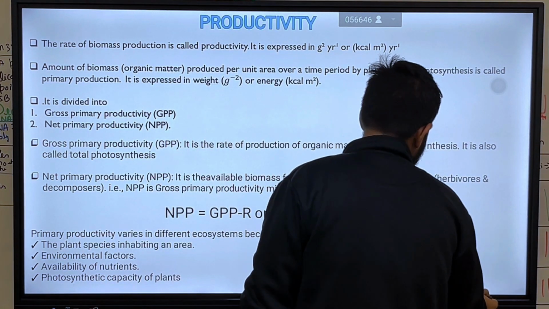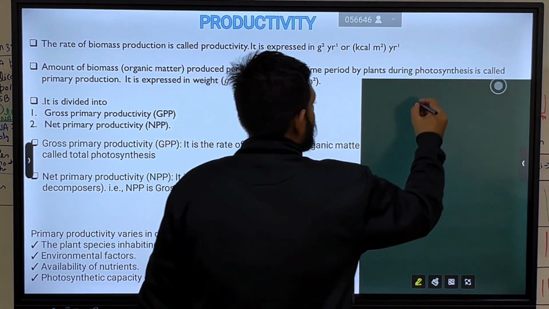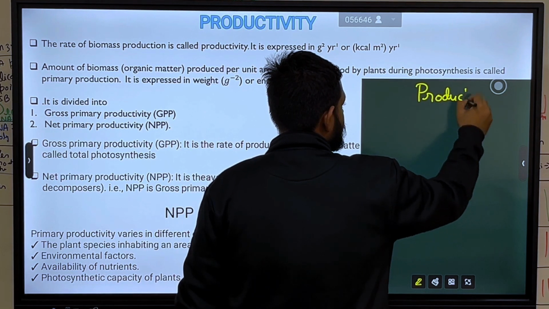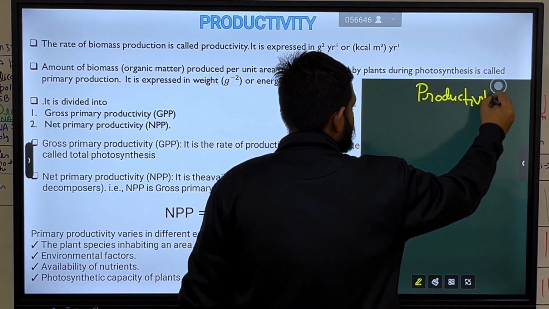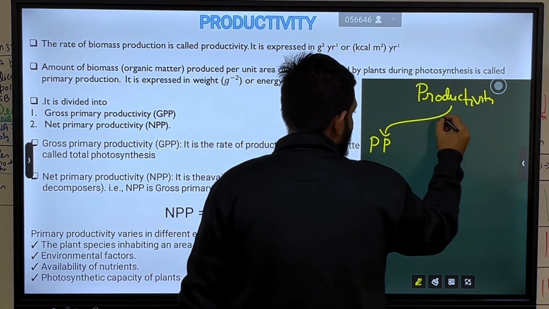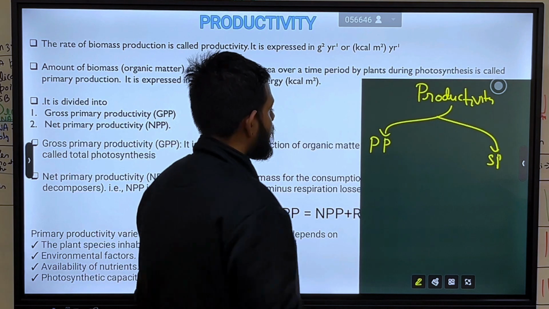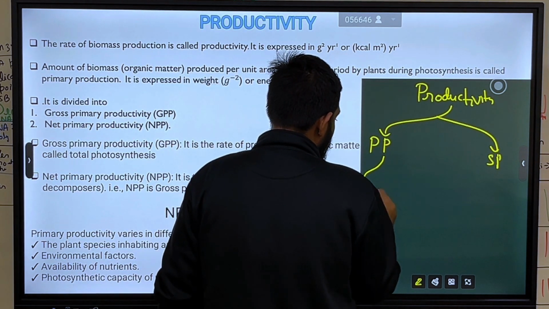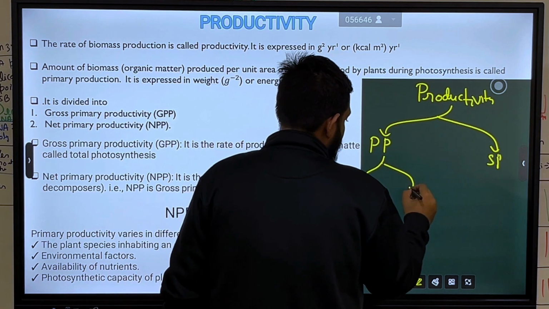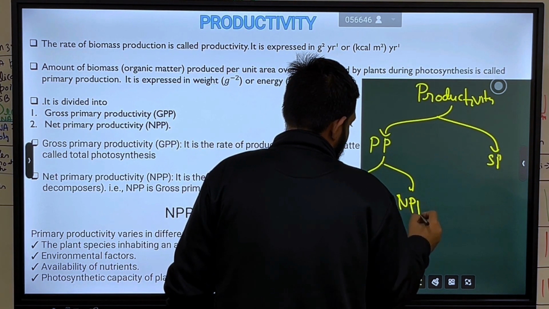See one thing, productivity is of 2 types: primary productivity and secondary productivity. Then primary productivity is again of 2 types. One is gross primary productivity, and second is net primary productivity.